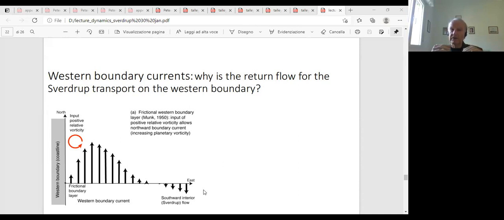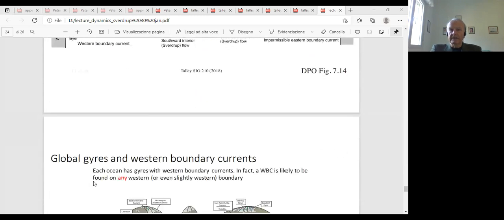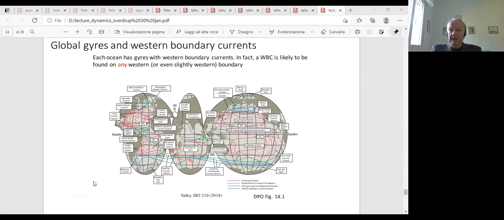The return flow, which is really a compensation flow, is along the western boundary, which is possible only there, because the frictional boundary layer enables the positive relative vorticity, which then enables the water particle to go northward, and still the potential vorticity is conserved. This is the western boundary.